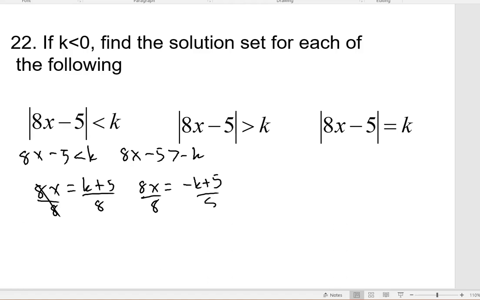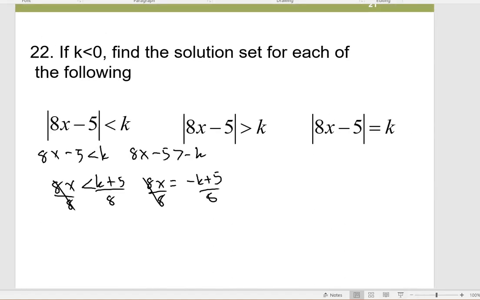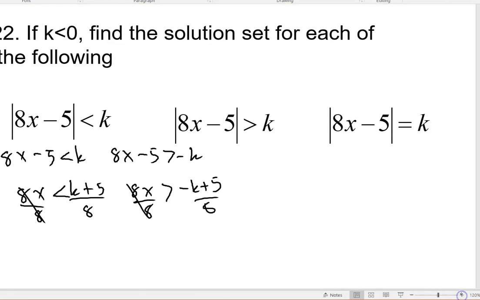Divide by the 8. And I don't know why I'm messing with the inequalities here. One's less than, the other is greater than. So we would say that x is less than k plus 5, x is greater than -k plus 5, and oh, never mind. I'm making this more complicated than it needs to be.